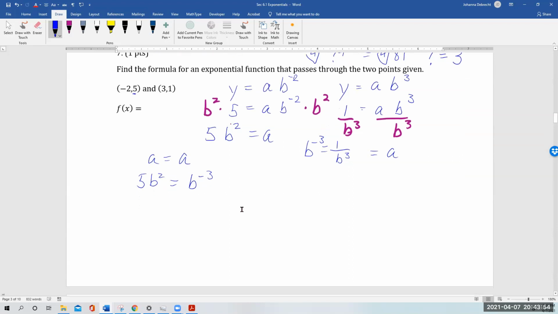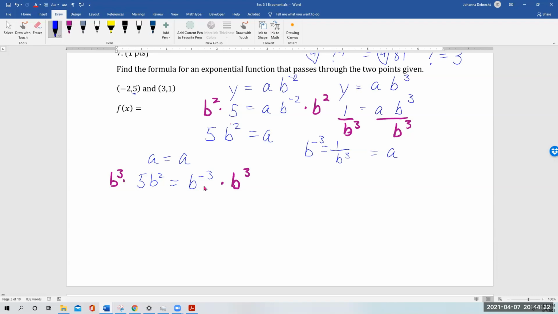To do that, I'm going to multiply both sides of this equation by b to the third. This will move it from the right side to the left side. And when I multiply by b to the third, remember that on the right, the bases are the same, both b. So I add the powers, -3 plus 3 is 0. Anything to the 0th power except 0 is the number 1.